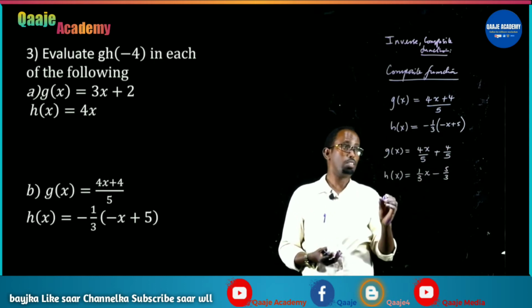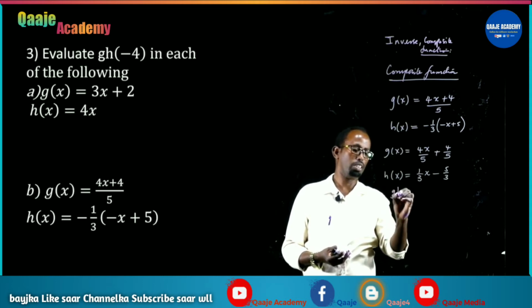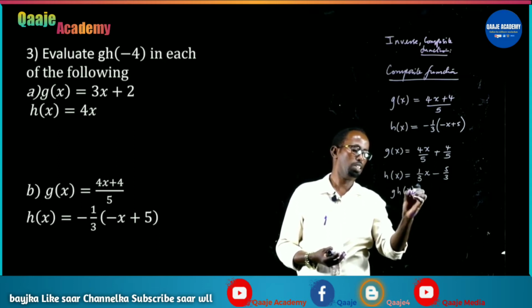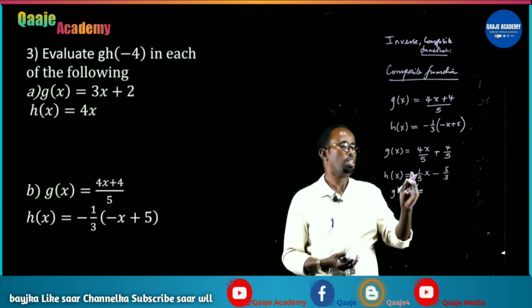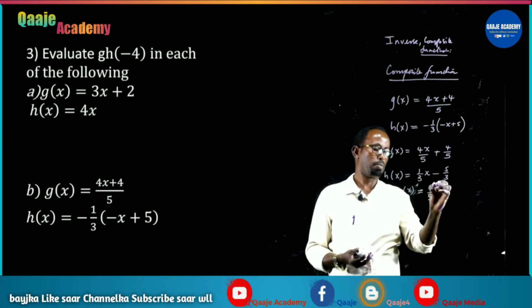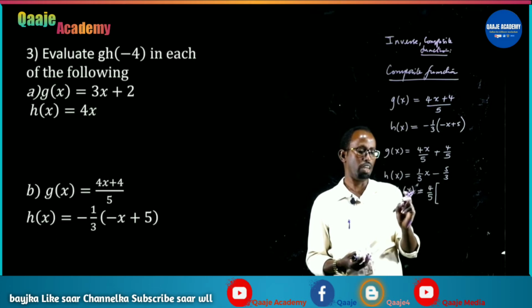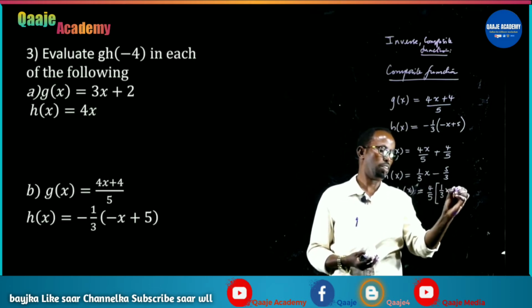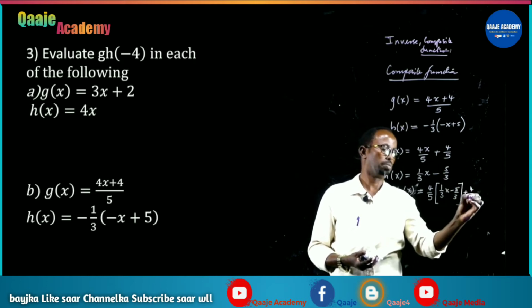Then the question is gh of negative 4. Before minus 4, let's first find g of h. So g of h, the coefficient of x is 4 divided by 5. Then instead of x, you put h of x. H of x is 1 over 3 x minus 5 over 3, and then plus 4 divided by 5.